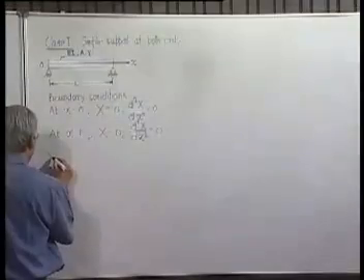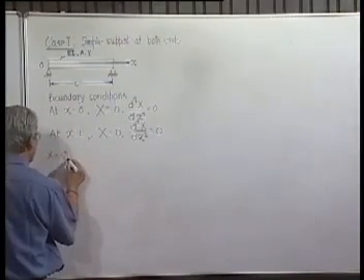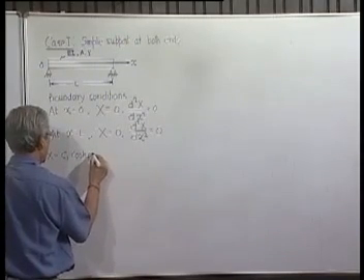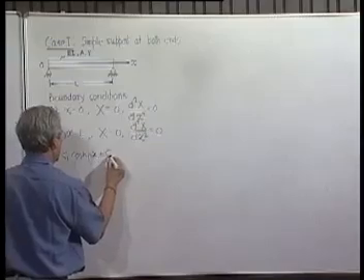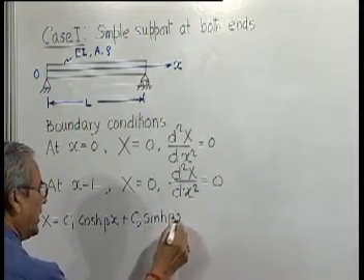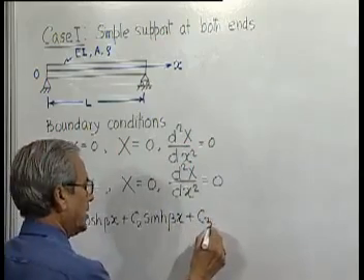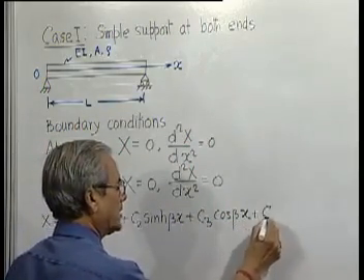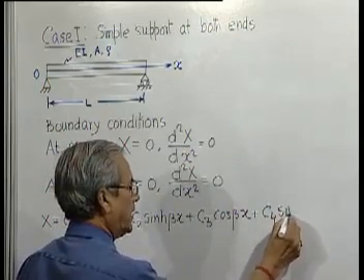Now X is equal to C1 cosine hyperbolic beta x plus C2 sine hyperbolic beta x plus C3 cosine beta x plus C4 sine beta x.